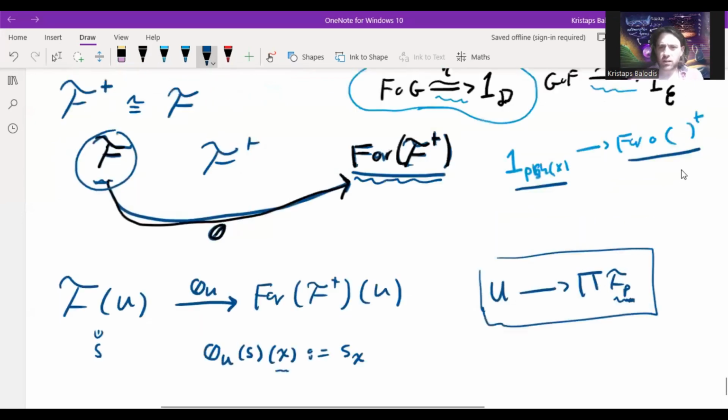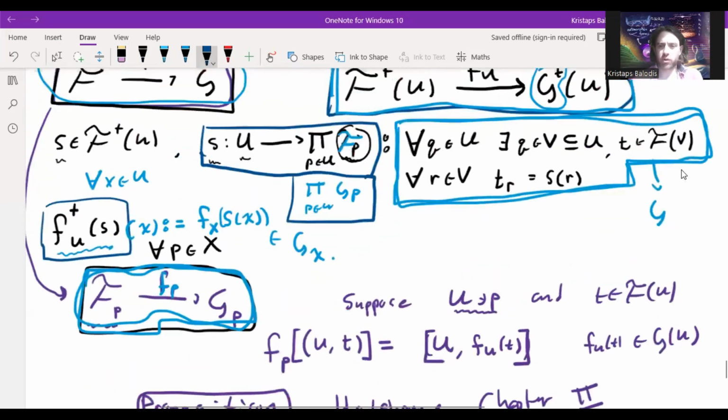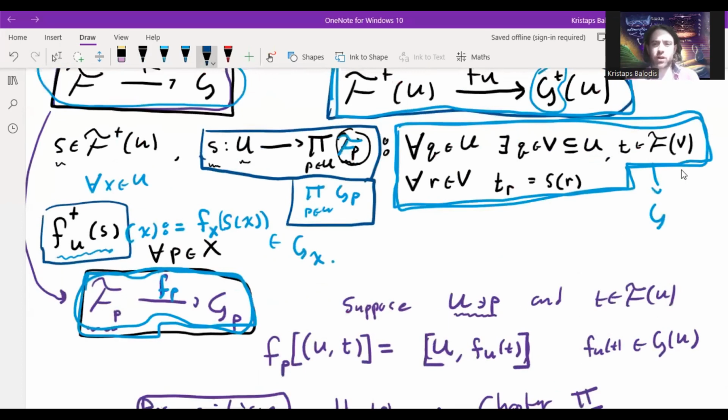And then let me scroll up because I have the condition written up here somewhere. I need to convince you that for all points in U, I can find some open set and some section over said open set such that the germ of that section is equal to the value of this function.